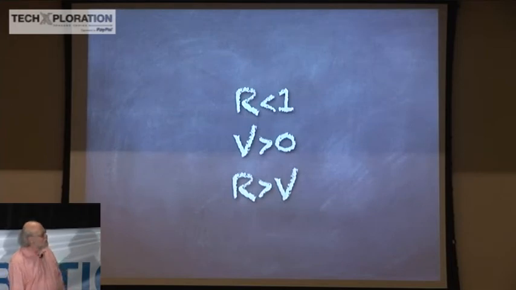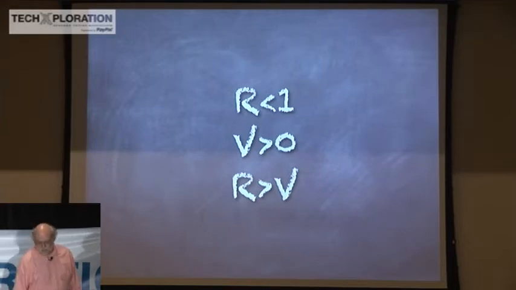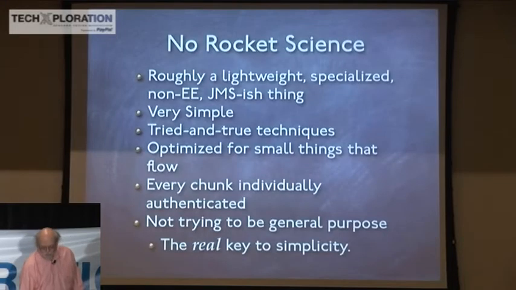And so this system, its coefficient of reality is less than 1. Its coefficient of vapor, I think, is also greater than 0 because it's not all done. But I'd like to think that its reality is greater than its vapor.